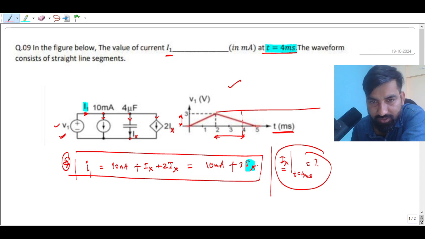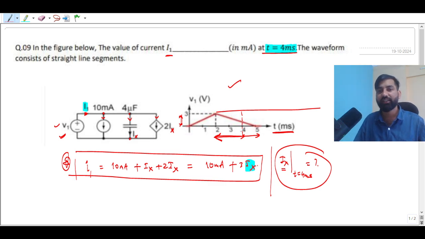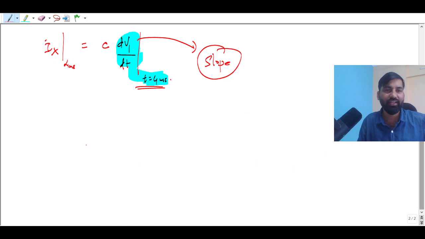Yes. So you will see that change in x is going to be this, right? This is a slope, okay? At this instant of time you want to find. So what is the slope of this? The slope is going to be change in y is 3 and change in x is nothing but 3 millisecond, right?